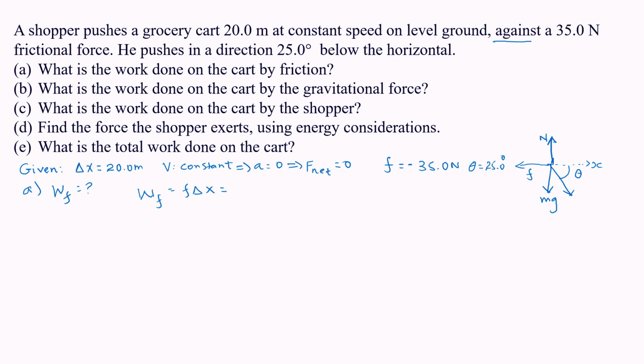F is minus 35, multiplied by the displacement, which is 20 meters.